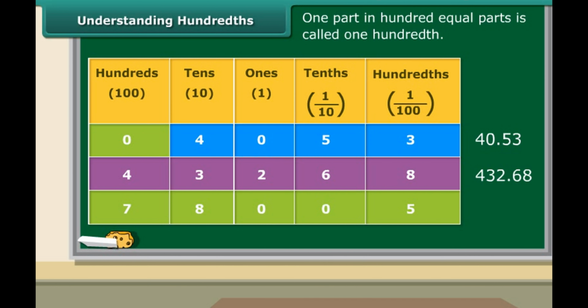Now pay attention to the third row. 7 hundredths plus 8/10ths plus 5 hundredths will make 780.05. We can extend the place value table further from hundredths to thousands.